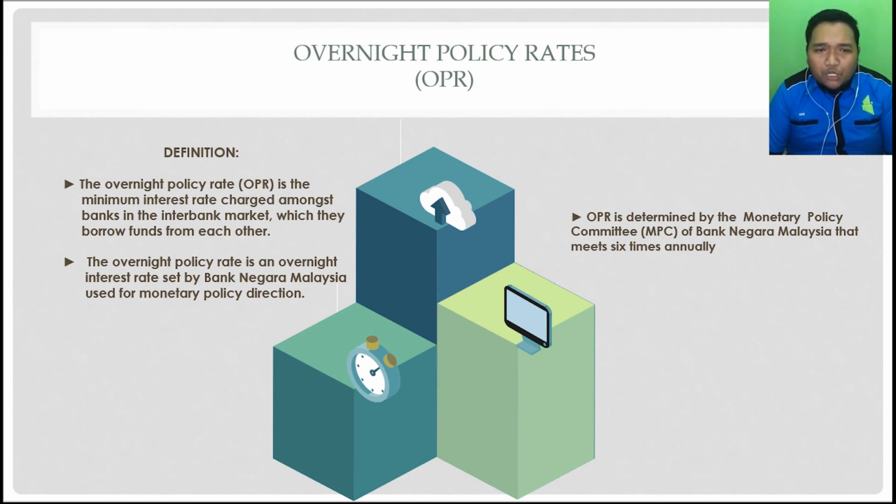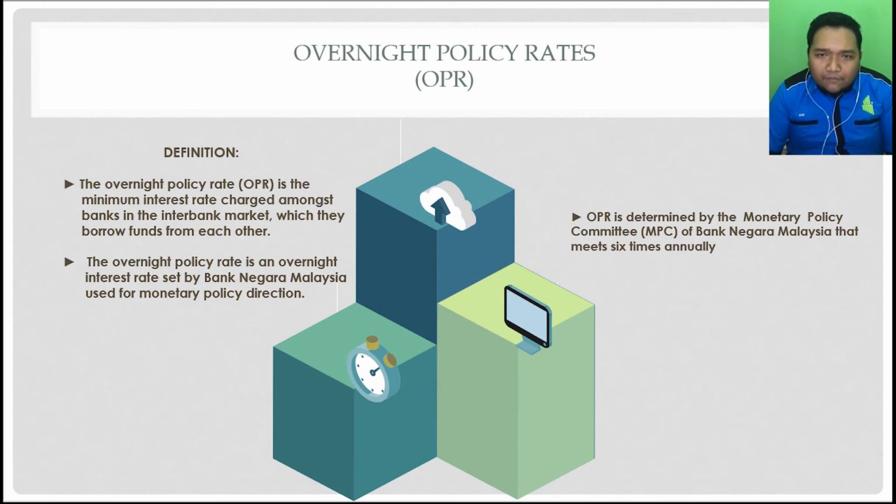The bank will borrow from another bank with excess funds, and the OPR is determined by the Monetary Policy Committee, MPC, of Bank Negara Malaysia, which meets 6 times annually.